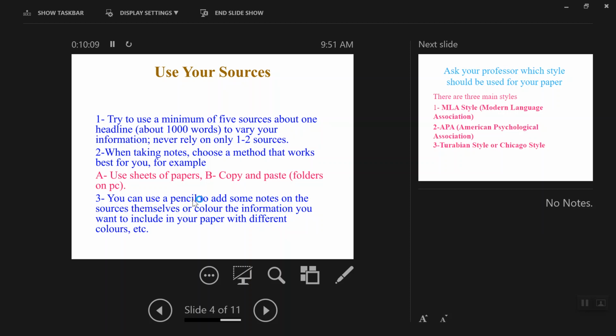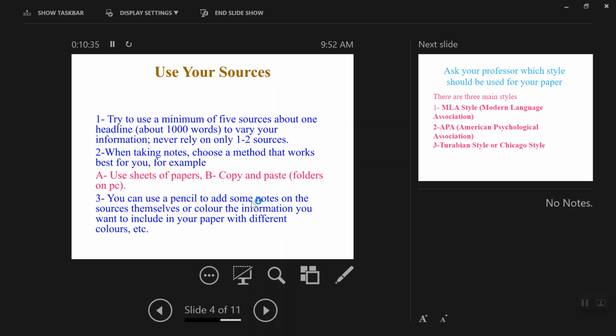It's very old, and you have to use this copy and paste folders on your PC, laptop, personal computer. When you find something, PDF for example, you copy the definition, the types, and put them in this folder, just to make a draft.